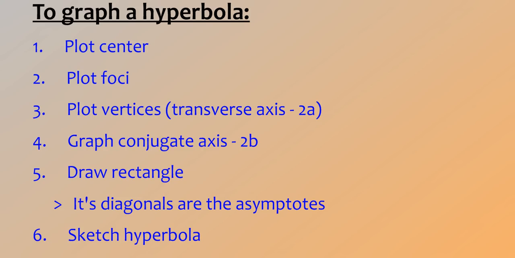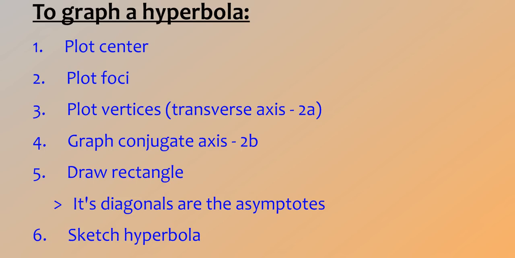Next, plot the 2 focus points. Then plot the vertices and the endpoints of the conjugate axis. Okay, once you have both of your axes, you can draw your rectangle. From your rectangle, sketch in your diagonals. I would recommend using a ruler for those. That'll give you a better hyperbola.